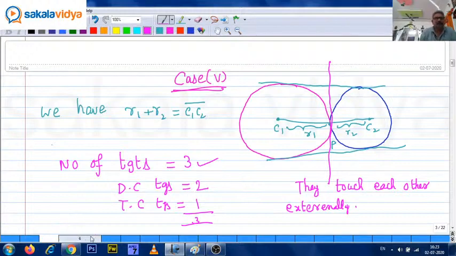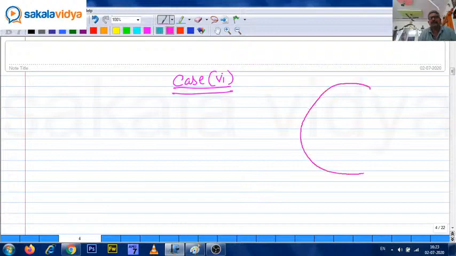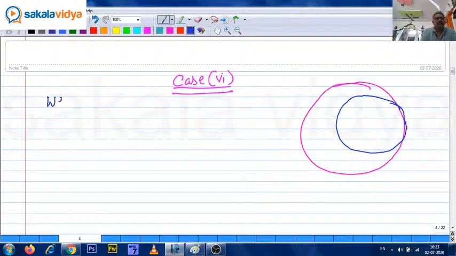Now let us have a discussion on case 6. Case 6 means, for example, this is a circle and the other circle touches internally. Here we can write R1 minus R2 equals C1 C2.